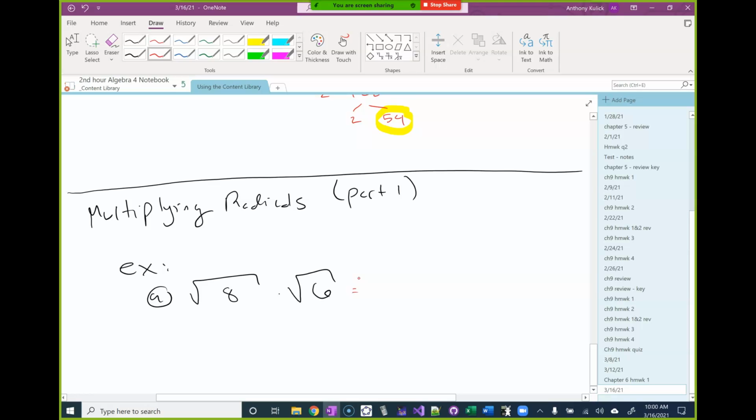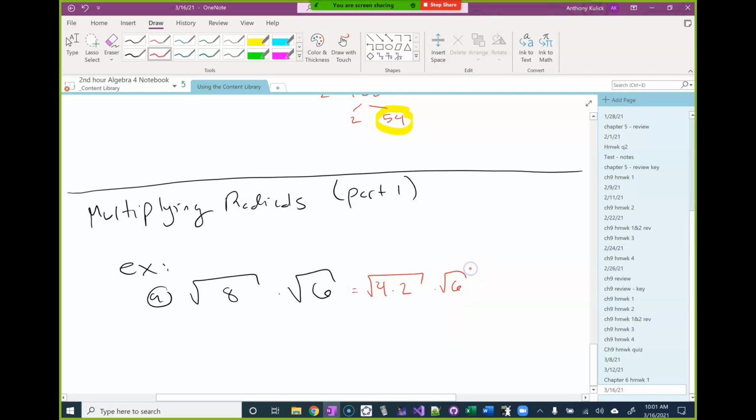So I have this, right? The square root of 4 is just 2. Then I can repack the square root 2 and square root 6 together and check again. Are there any perfect squares in square root 12? Well, are either 6 or 2 a perfect square?